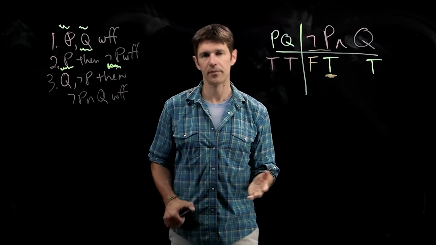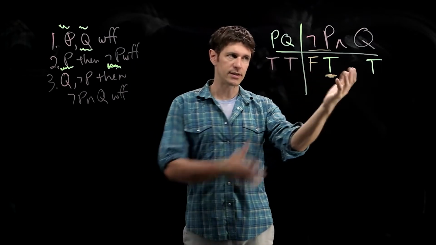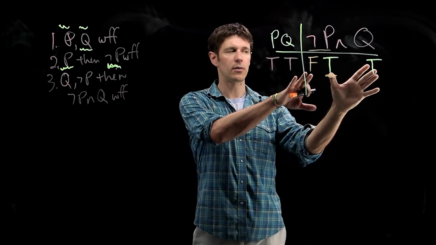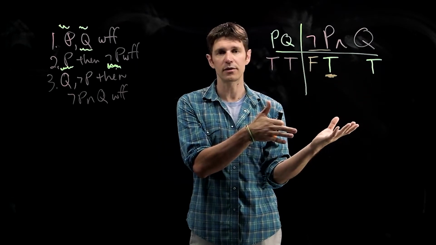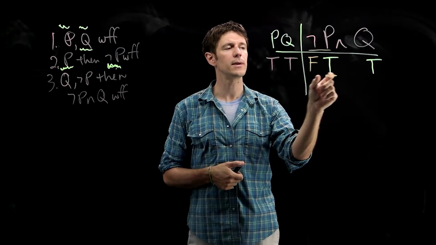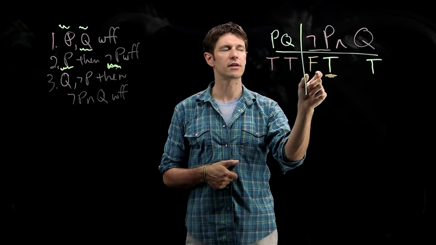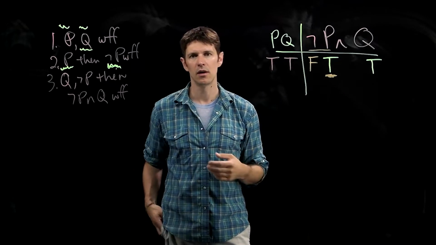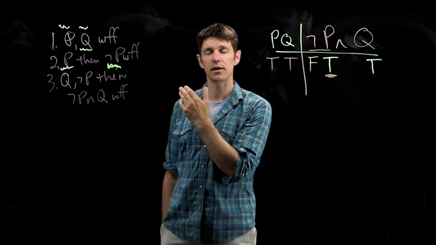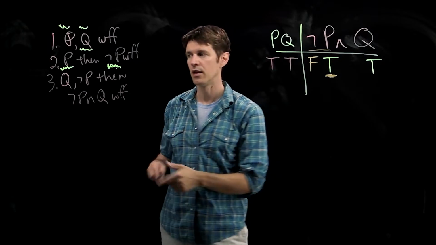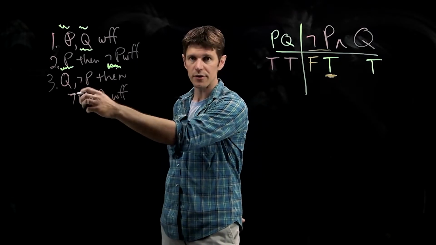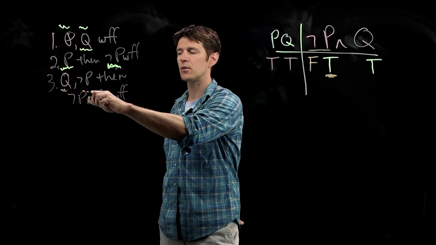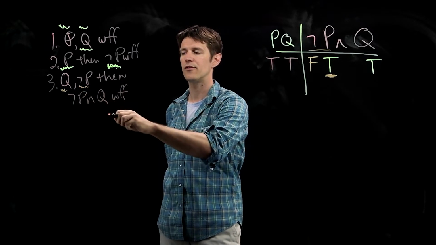And we're almost done. But we might say, well, when we're looking at this formula, which truth values do I use? Do I use the true under P or the false under not P? Do I use this true over here? Which ones do I use? Well, the construction gives you a clear sign of what you should do. It says that when we built the formula, Q is a well-formed formula and not P is a well-formed formula.